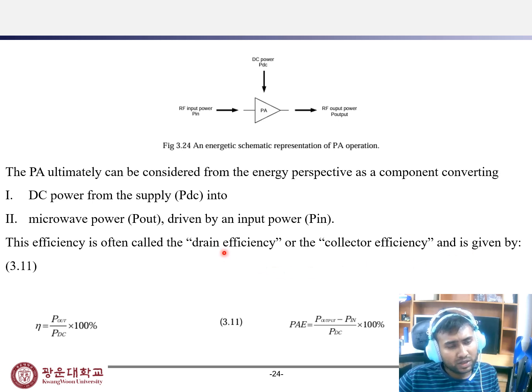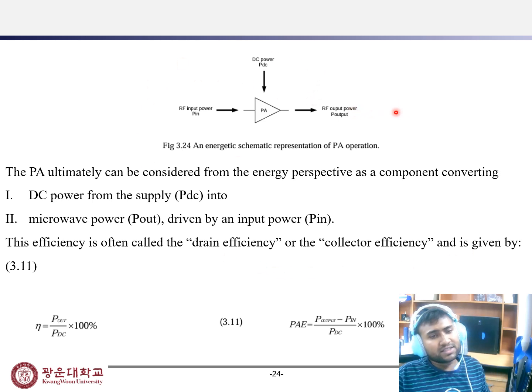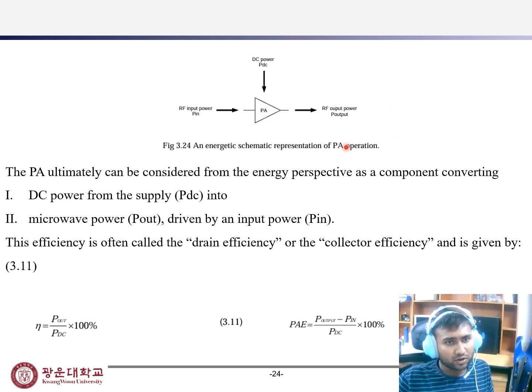This one is mainly the block diagram of an energetic schematic representation of power amplifier operation. RF input is PIN, and this is a power amplifier, and we provide the DC power PDC, and finally we get RF output power Pout.